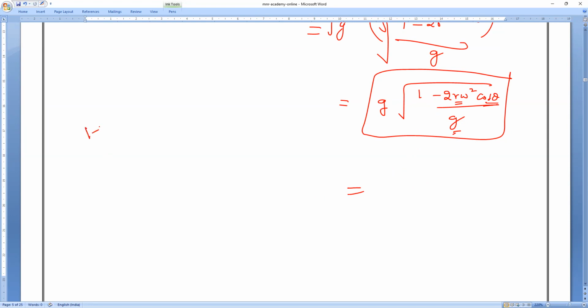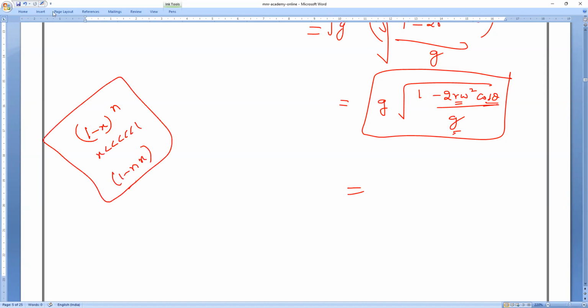Yesterday we studied (1 minus x) whole power n, where x is less than 1. Then what will happen to the formula? 1 minus nx. Am I right or wrong? Yesterday also I taught you and today also I'm teaching. Am I right? Speak, guys, everybody. Yes. So now I'll replace that. If I replace it, what will happen? Everybody, you can see g dash is equal to g into 1 minus, observe very carefully.